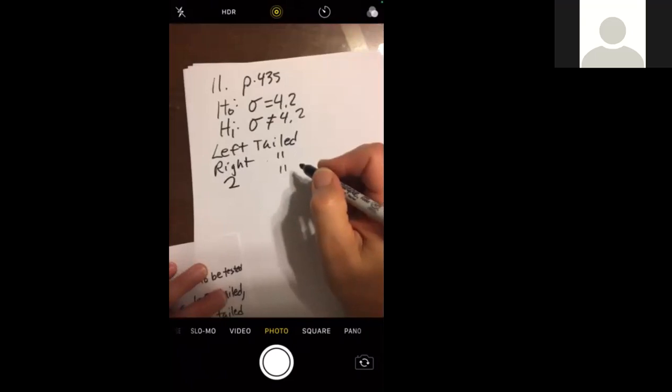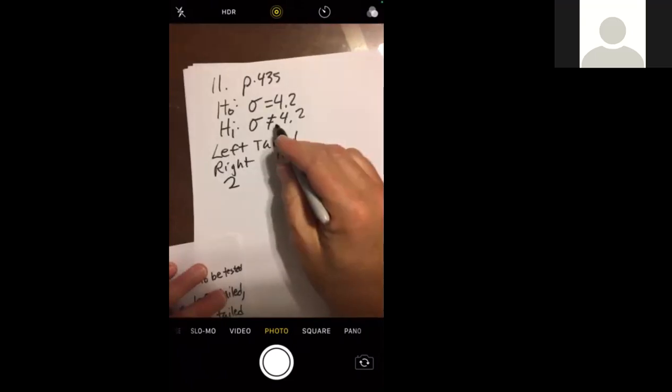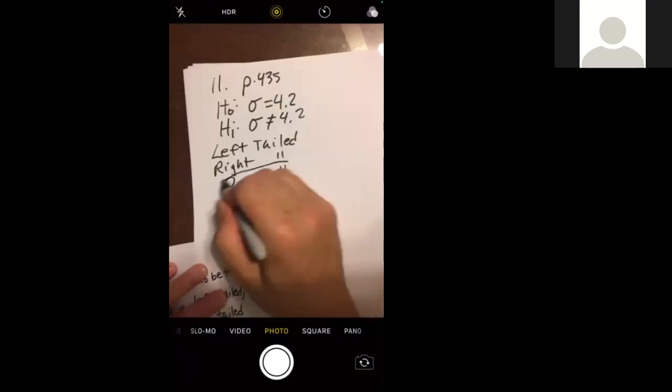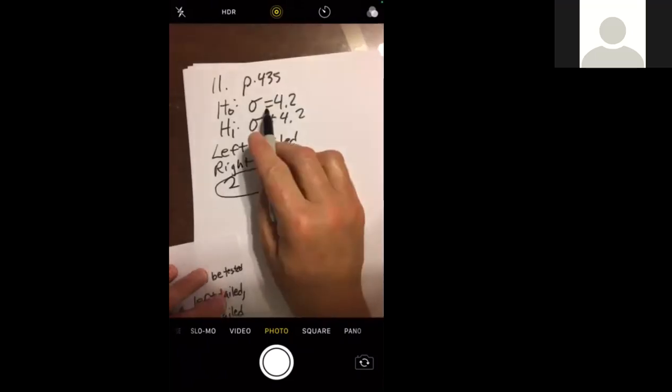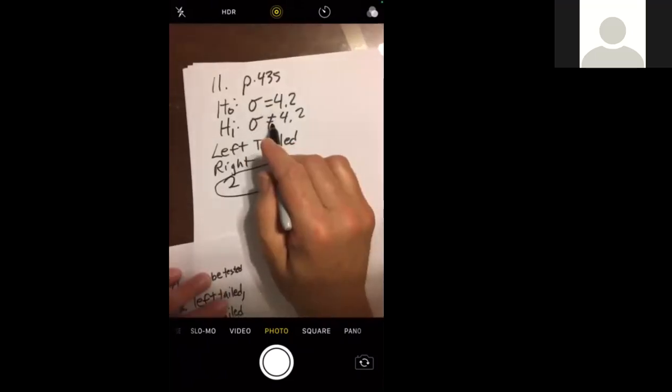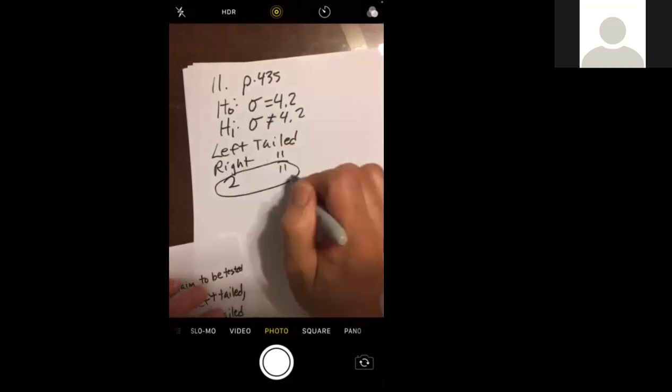Want to take a stab? I'll go since it's not less than and it's not greater than, well, not equal to, so it might be less than or greater than. So it might fall in between. I'll say two-tailed. Yes, it is two-tailed. If it's less than, it'd be a left tail. If it's greater than, it's a right tail. But since it's neither one, it's a two-tailed test.